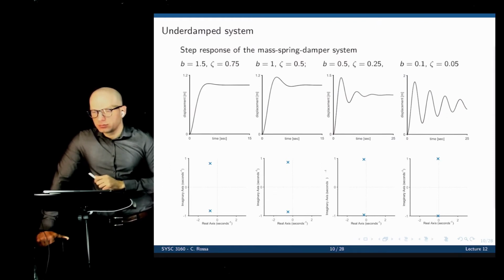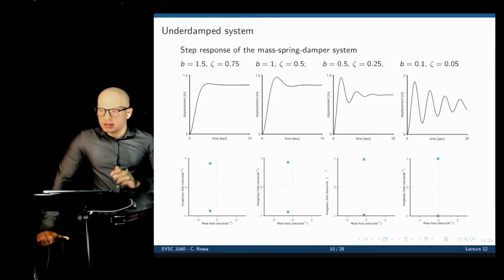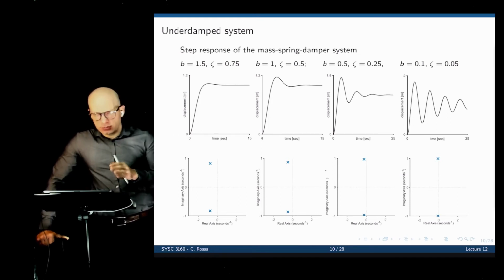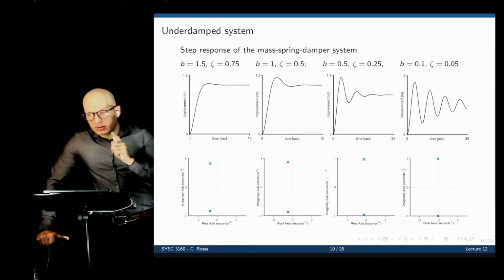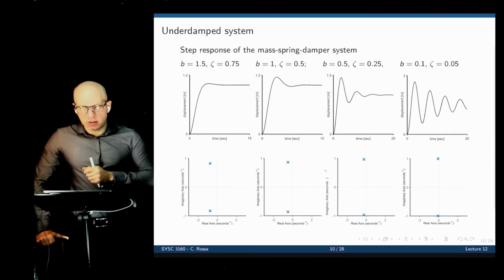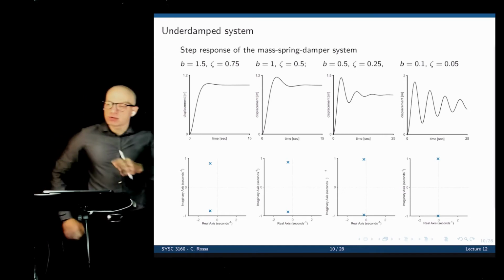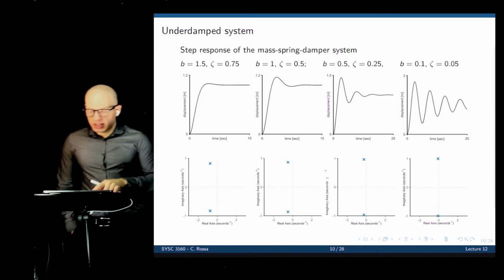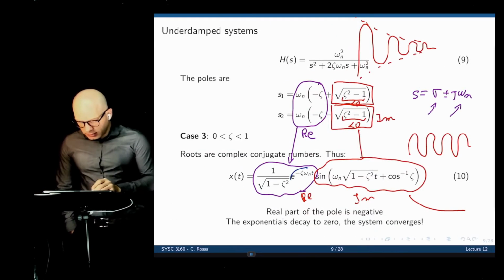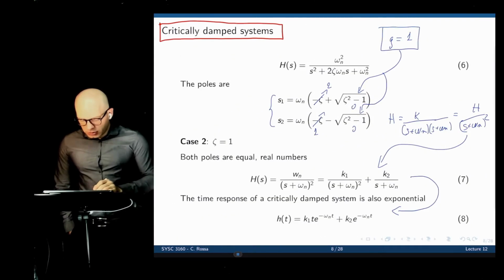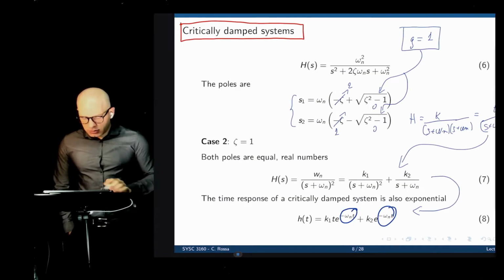Sorry, someone asked in the chat if the poles are negative for both overdamped and critically damped systems. Good question. For everything we have seen so far, the poles are negative. The pole being negative doesn't really mean anything, but the real part of the pole is negative. For everything we have seen so far, the real part of the pole is negative, and that's exactly why all the exponentials that we created here are going to 0.